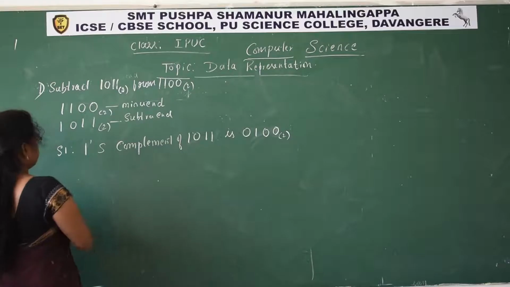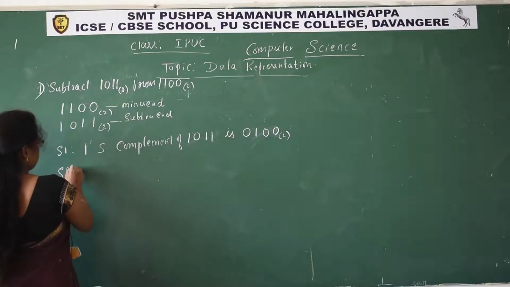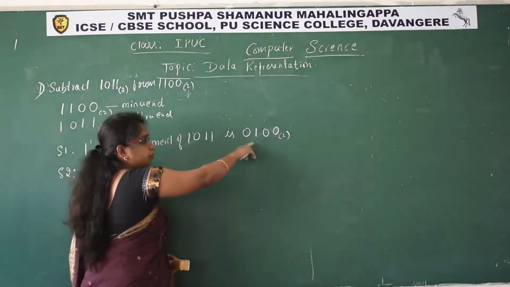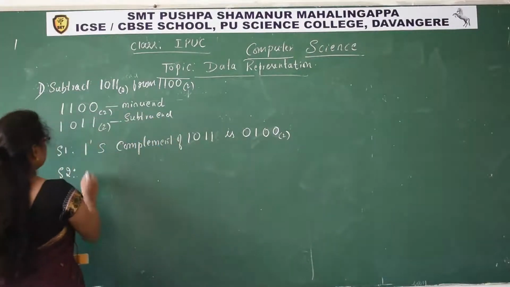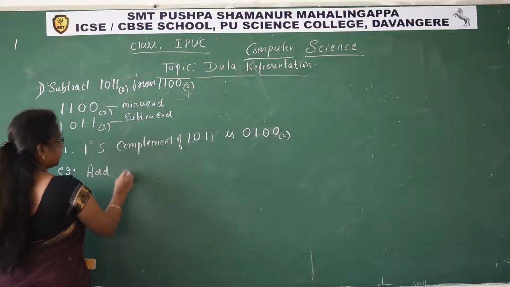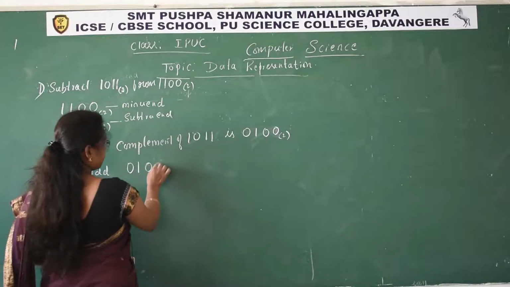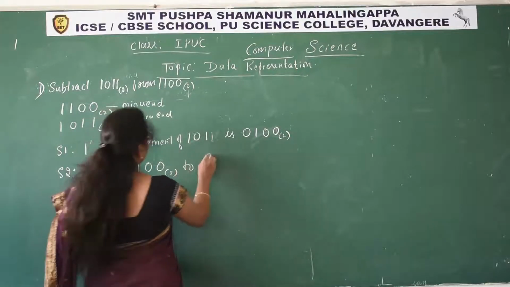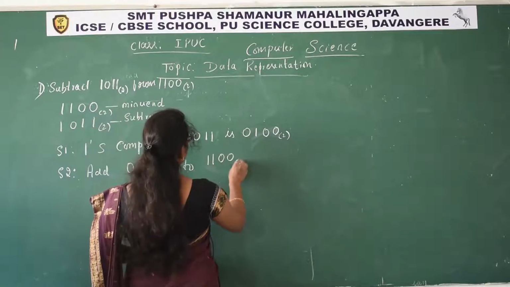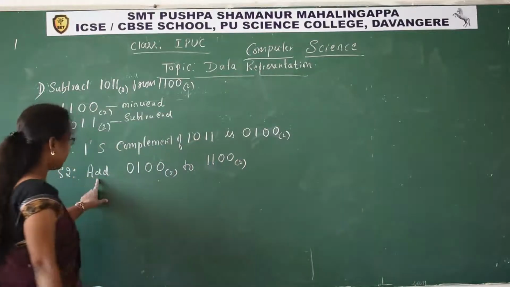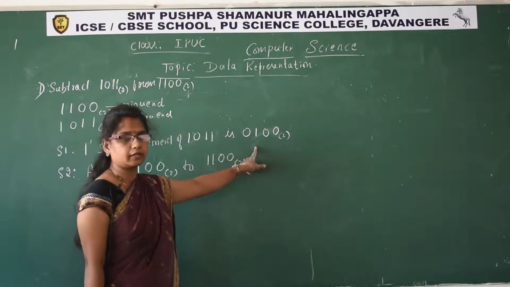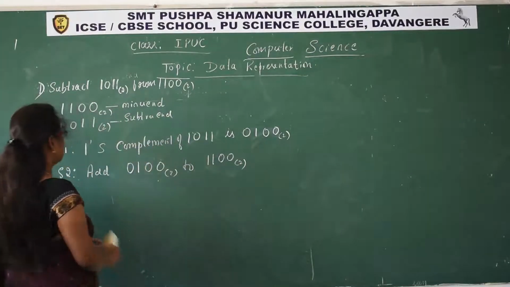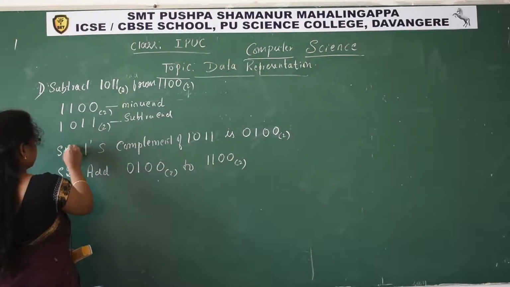Next, step 2: add this one's complemented number to the minuend. You have to write these steps. Add this one's complemented number to the minuend 1100 base 2.